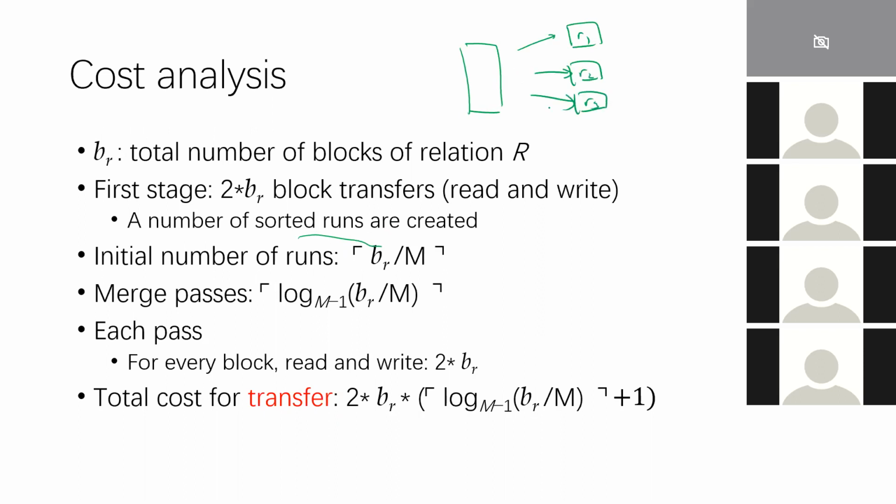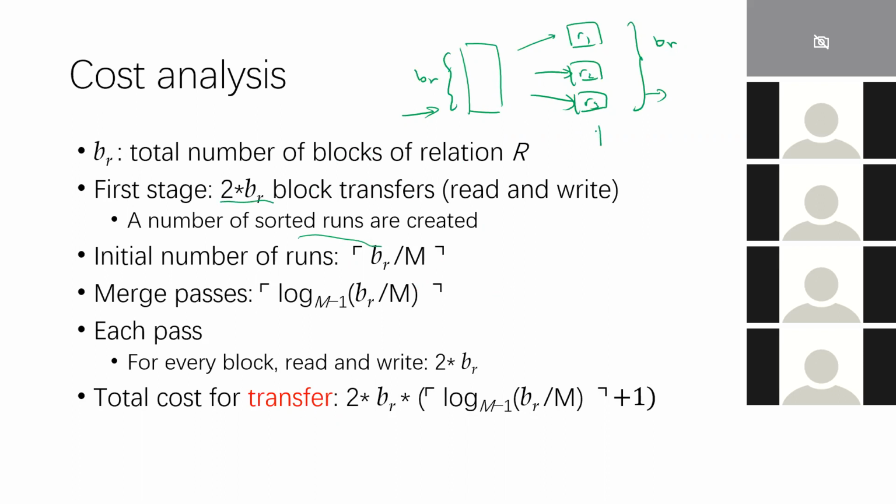Assuming there are only 3 runs, over here you will incur the cost of BR, and over here you will also incur the cost of BR, both the reading and the writing. This will be the number of block transfers that you do.